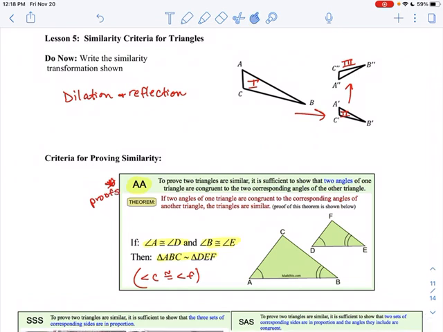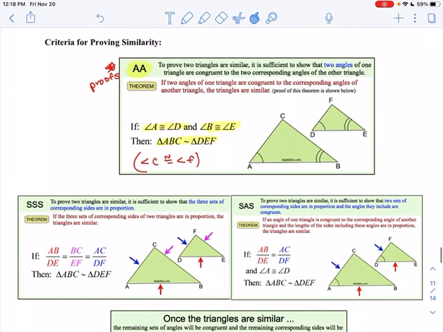Okay, but there are two other methods as well, but I won't use them for the proofs. The other way is side, side, side. Now this is different than the side, side, side when we talked about congruent figures, because the sides are not congruent here. The sides are in proportion to one another.